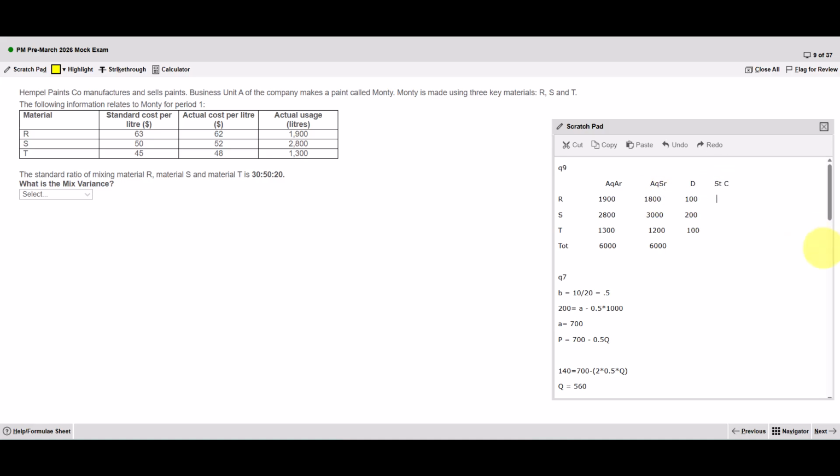Make sure you use the standard cost, not the actual cost, because we're just looking at the impact of the mix. We're not looking at the impact of the amount they paid per litre. And then I multiply the standard cost by the difference.